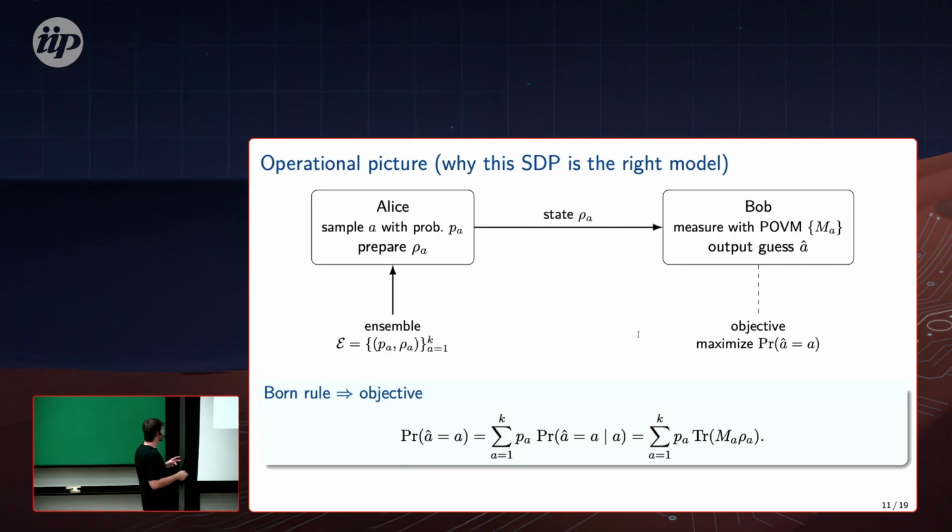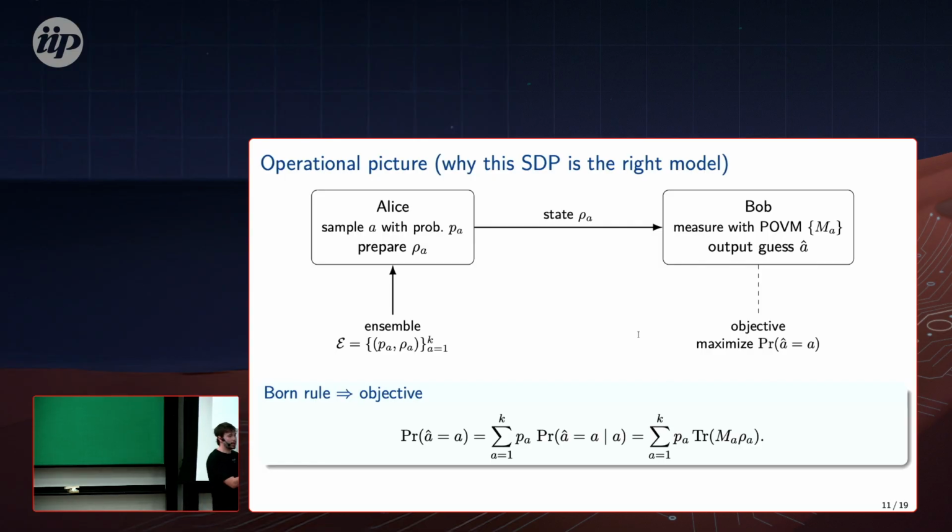Just to give you an idea of what's going on: Alice samples some index A with probability p_A. She then prepares the corresponding state rho_A, which she sends to Bob. Bob is supposed to measure some POVM M_A, which he's allowed to pick as he pleases. He has complete freedom to choose his POVM. And he has to output a guess of what Alice was sending him. So he has to infer the label A from the outcome of his measurement.